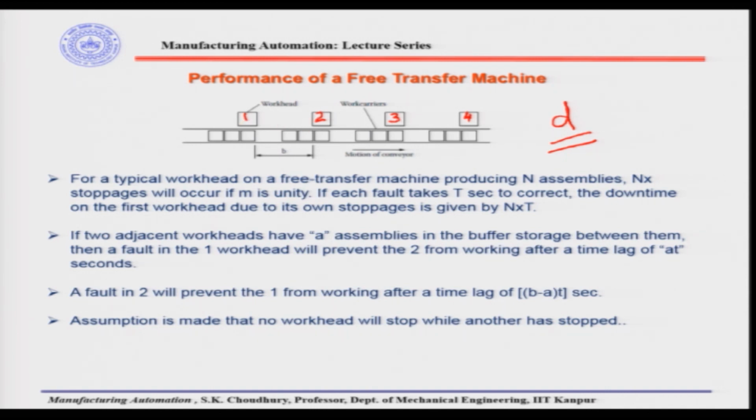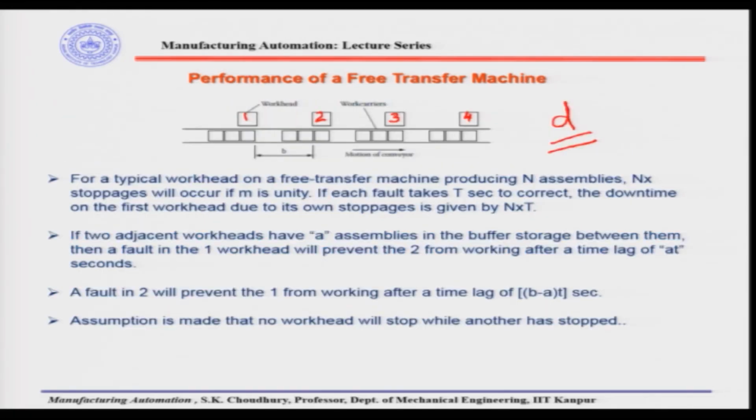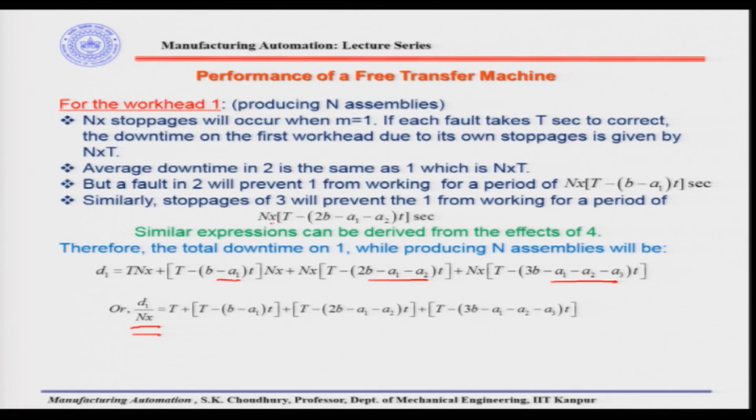Now I will repeat from here. Let us say the stoppage of 3 will prevent 1 from working for a period of this much. When we are talking about the stoppage of 3, we will have the effect from this buffer and also from this buffer. Therefore, what we have considered is 2B minus A1 minus A2, times the cycle time small t, for which it will work.